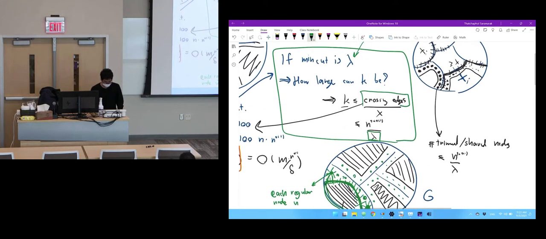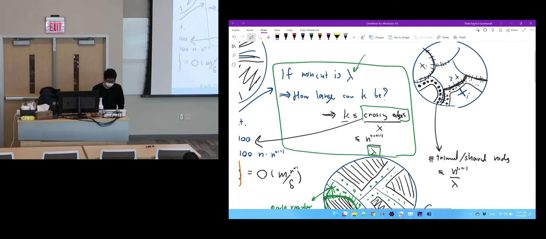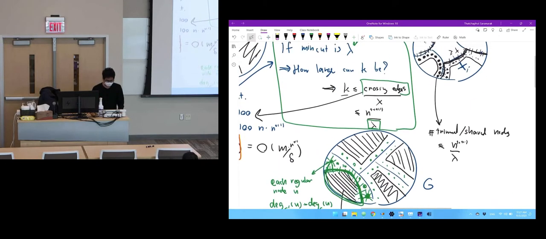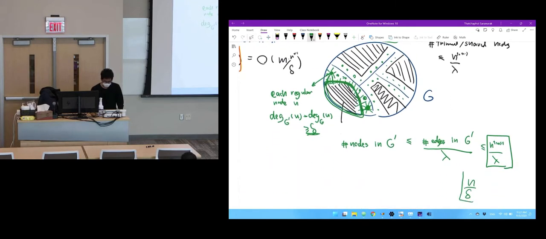For regular nodes, we are done. We get that, and for the supernode we get that, so we can add that. But for the supernode, we don't have n over delta yet, right? Yeah, n over lambda. So is there a way to actually prove that we really get n over delta instead of n over lambda?